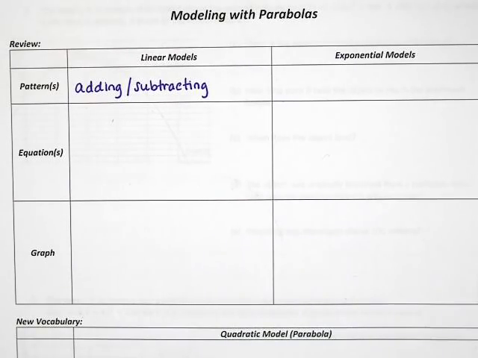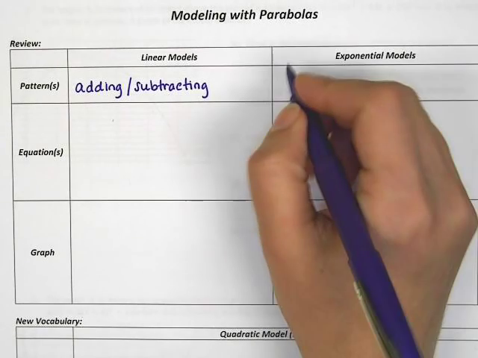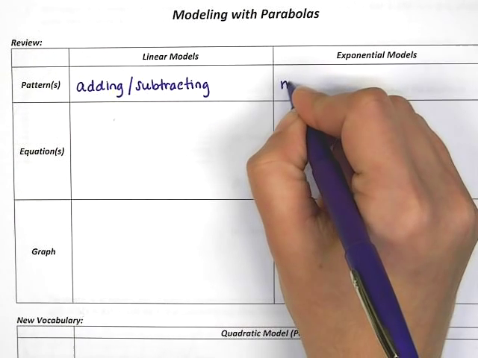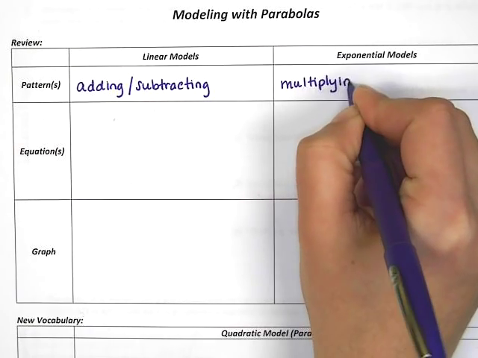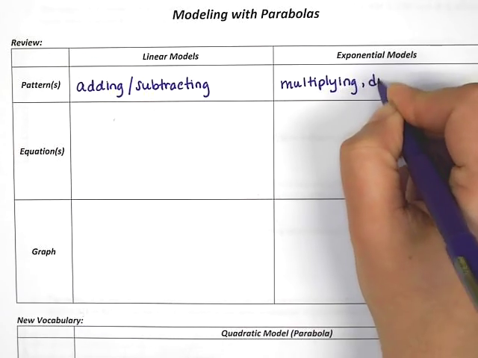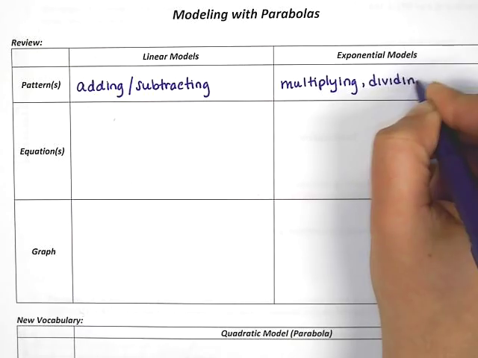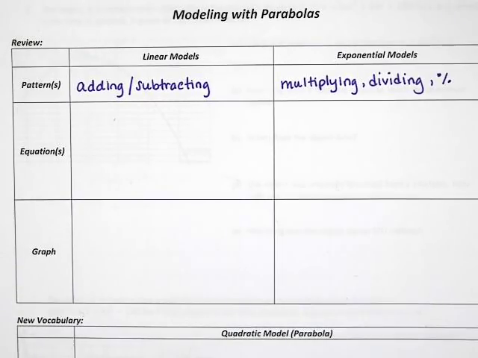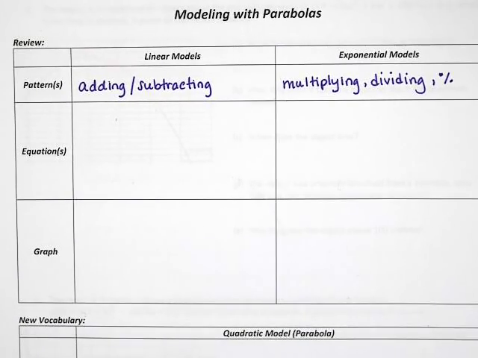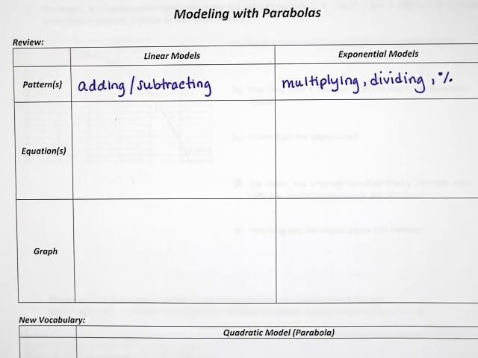For exponential models, we said the patterns you look for are multiplying, dividing, and percentages. And all three of those patterns would let us know that an exponential model was appropriate.